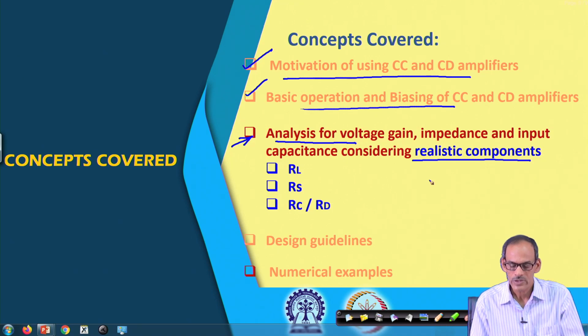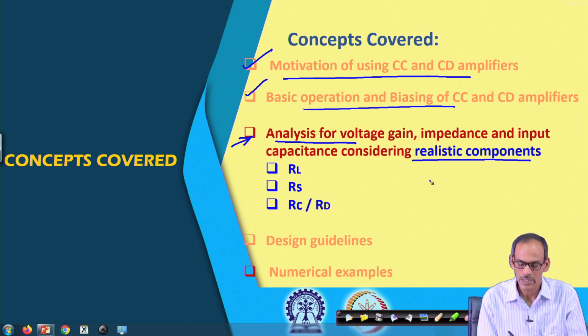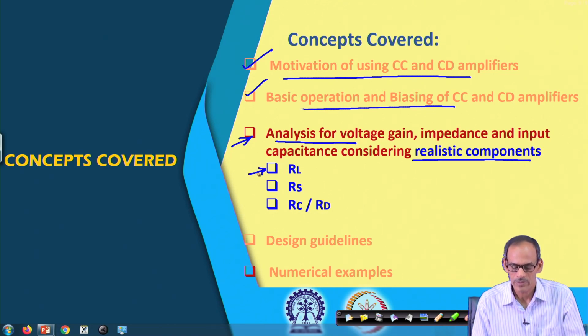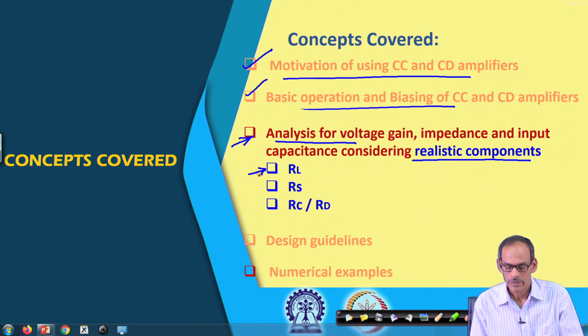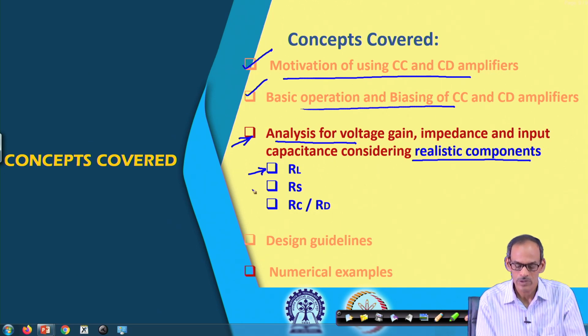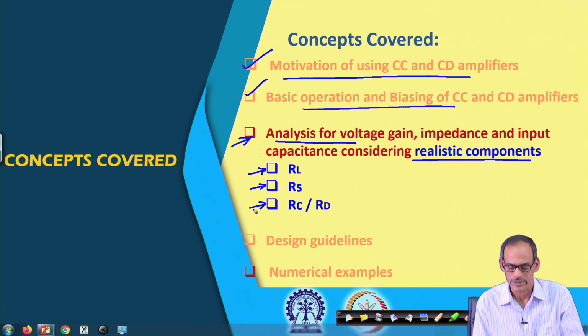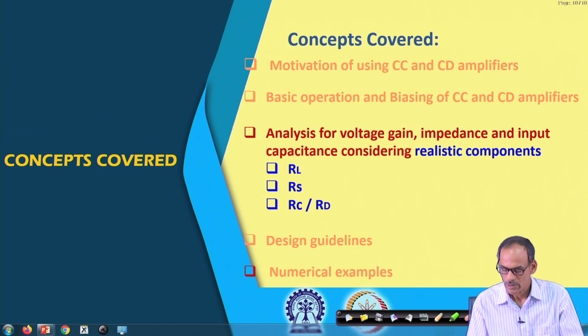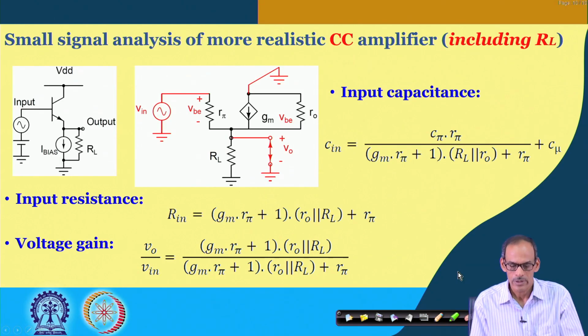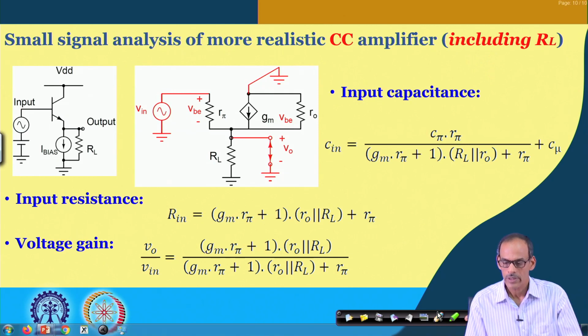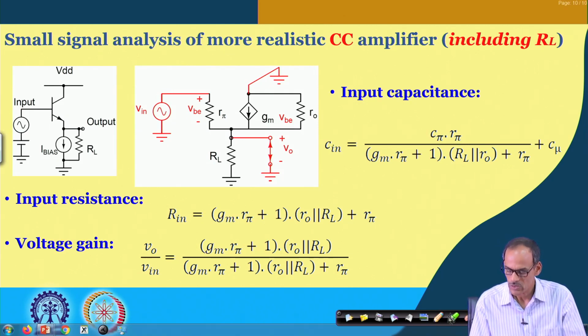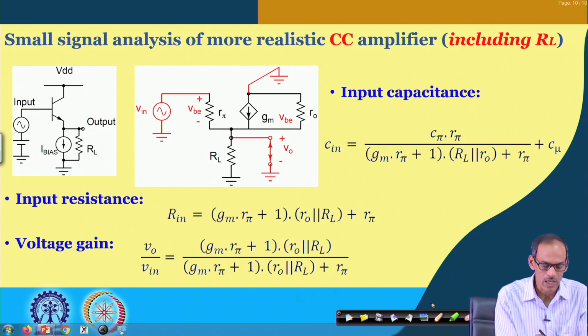So, let us start with the common collector amplifier, considering the RL, and then we will move to the next one, considering the source resistance Rs, and then we will go for the collector terminal resistance. To start with, consider the common collector amplifier, and in it we are including this RL.